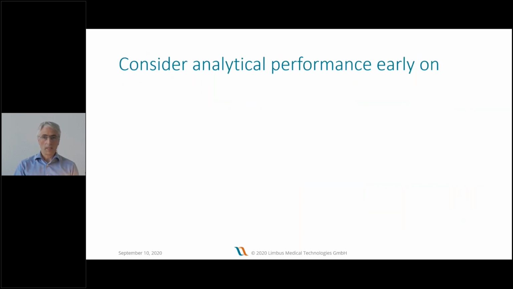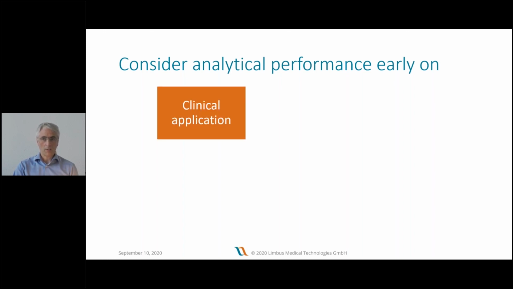Let me, at the end, give anybody who is considering establishing a new assay with such challenging technology some specific advice. Consider the analytical performance very early on. There are various external factors that impact your assay design. First of all, the clinical application.